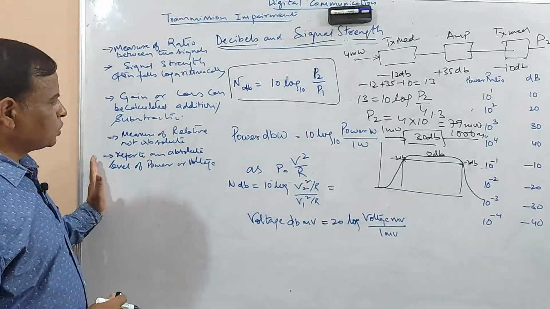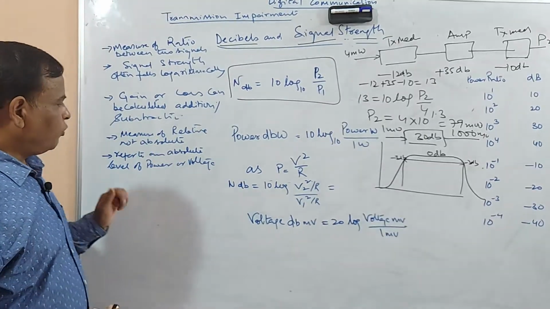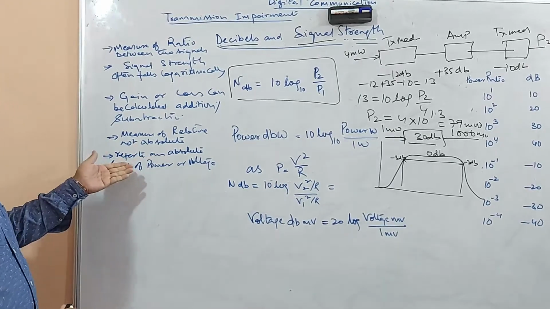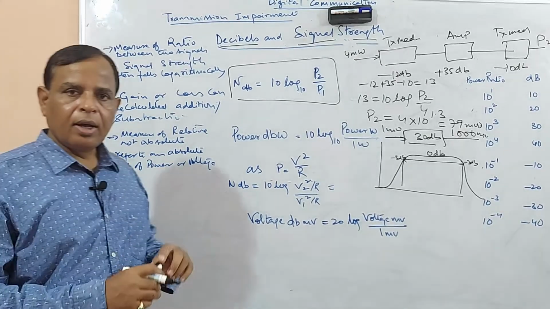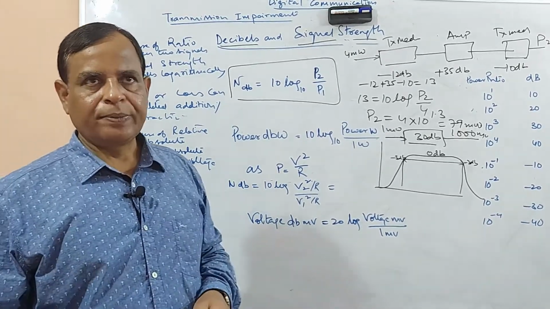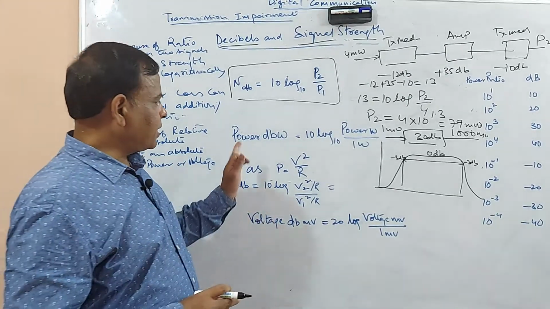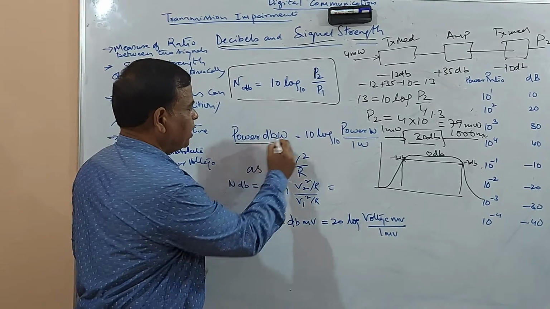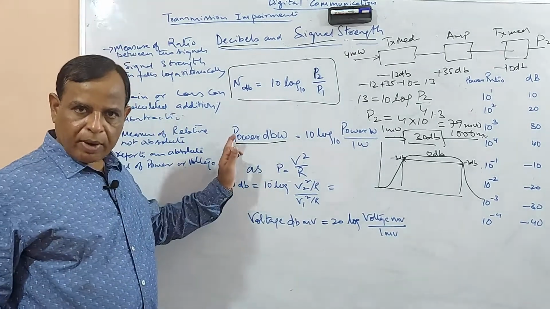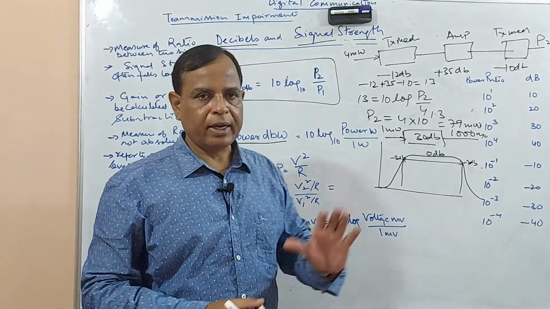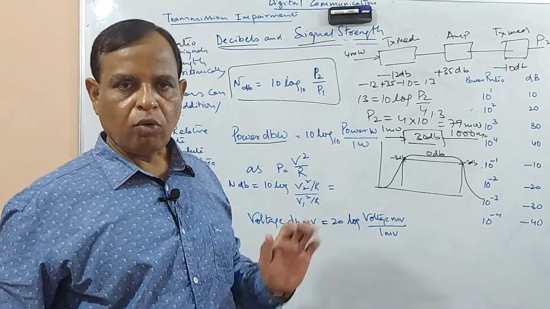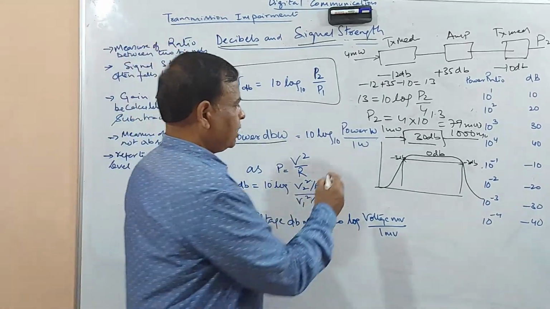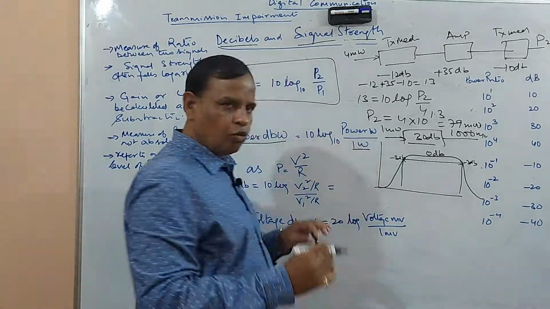Okay. So further to this, we can use this particular dB for representing or referring to an absolute level of power or voltage. In some cases, this can be represented as dBW. Sometimes you might have watched the power is in dBW. What actually does it mean? Here it means the reference power is 1 watt.